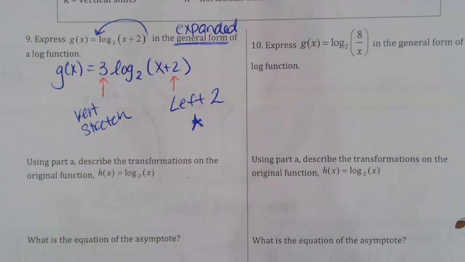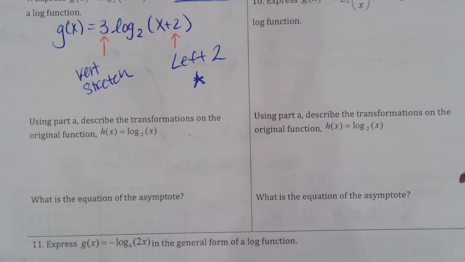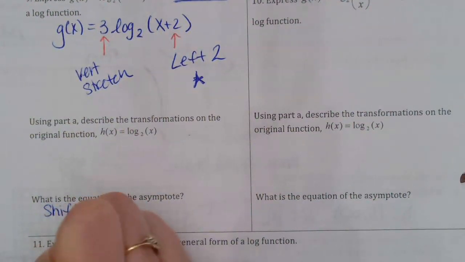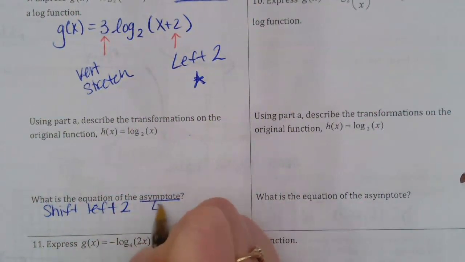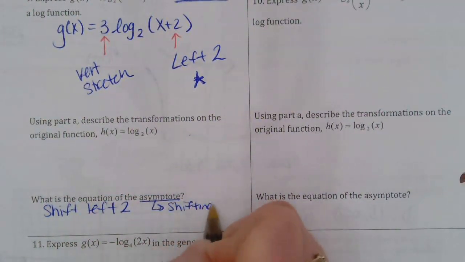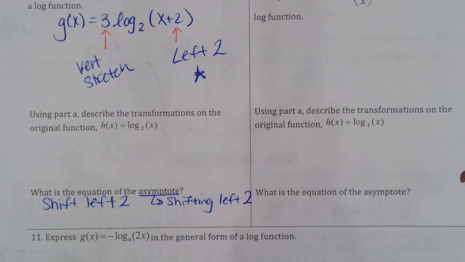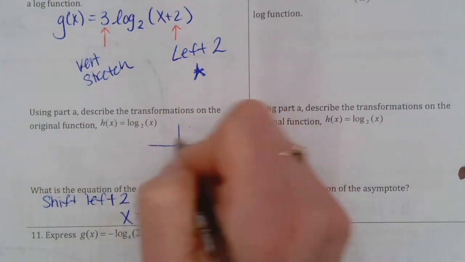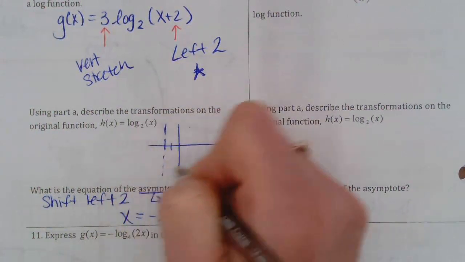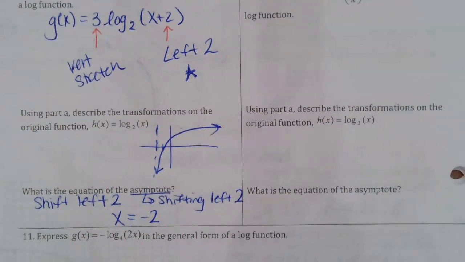Because now that we are graphing logs, and logs have a vertical asymptote, and we're shifting the entire thing to the left, because of the shift left 2, the asymptote is also shifting left 2. So instead of x equals 0, it's going to be x equals negative 2. So it would look kind of something like this. It would shift over, that would be the asymptote, and it would be something like this. Okay, that's kind of the sketch-ish.